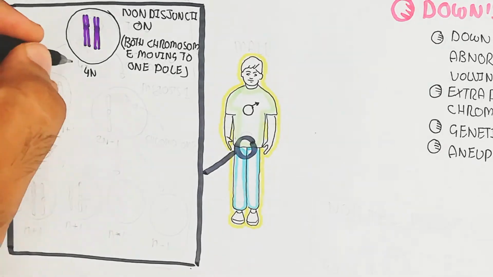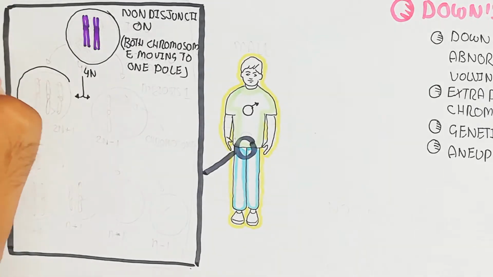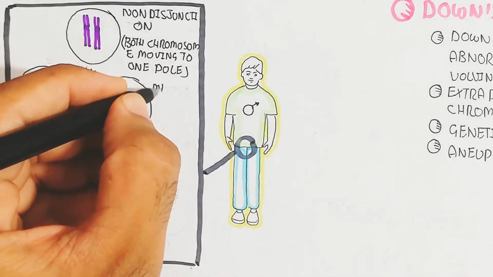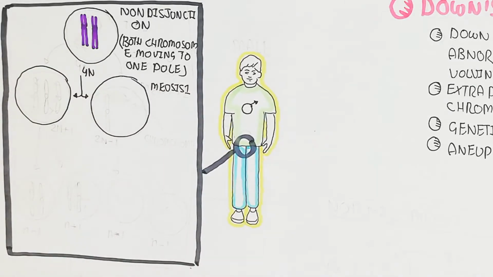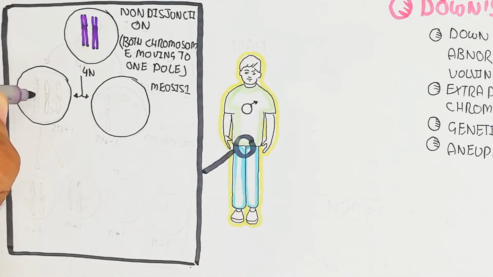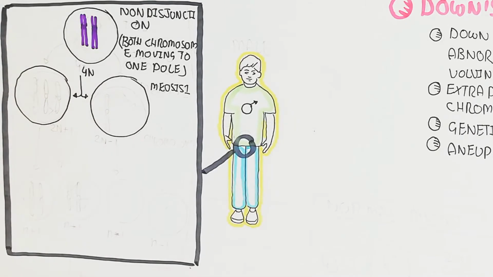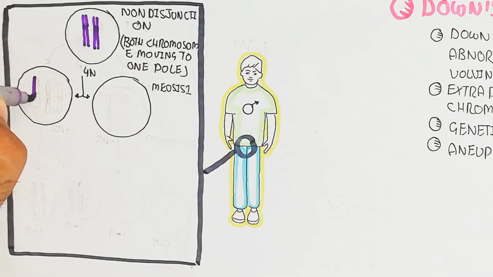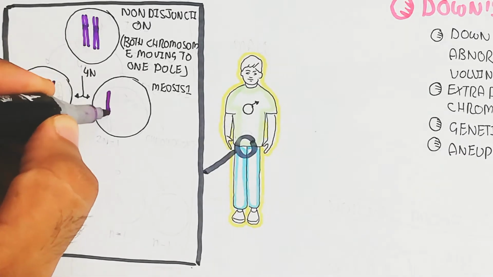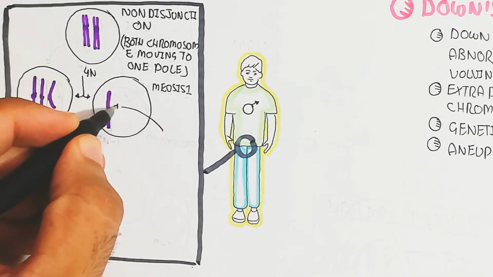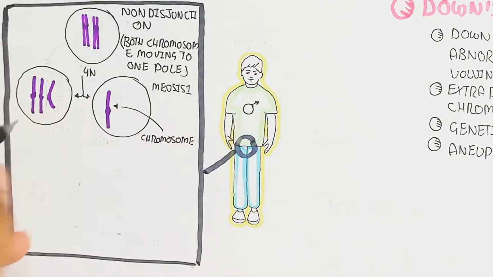In this way it will convert again to diploid with one extra chromosome due to the non-disjunction, and this is meiosis 1. And in this way, the 2n diploid and one absent chromosome formation. And the second meiotic division will lead to produce the haploid gamete.